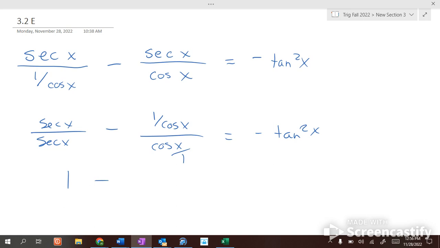So we could multiply instead of the denominator of the denominator by the reciprocal of the denominator. So let's multiply by the reciprocal of the denominator. 1 over cosine of x, 1 over cosine of x. So the denominators cancel. And the numerator is 1 over 1, which is 1, over cosine times cosine is cosine squared of x.